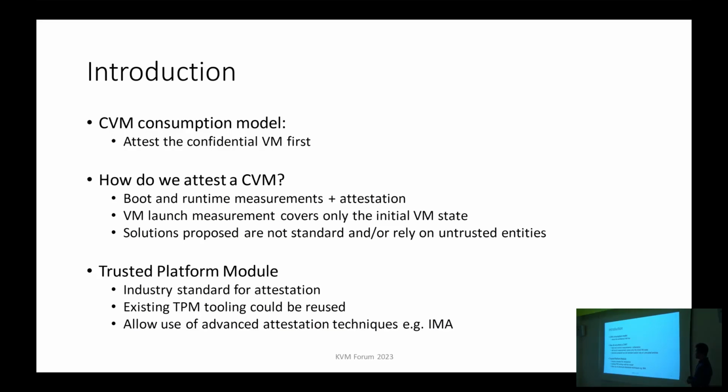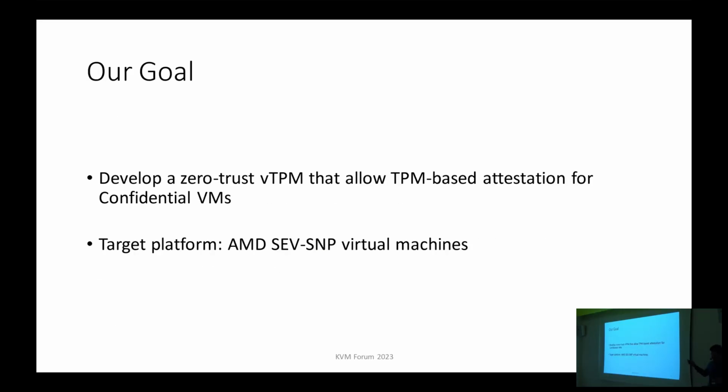Additionally, we could use the Integrity Measurement Architecture, which is a more advanced technique for runtime attestation. That was our motivation to develop a zero trust VTPM for confidential virtual machines. And our target platform is AMD SEV-SNP.